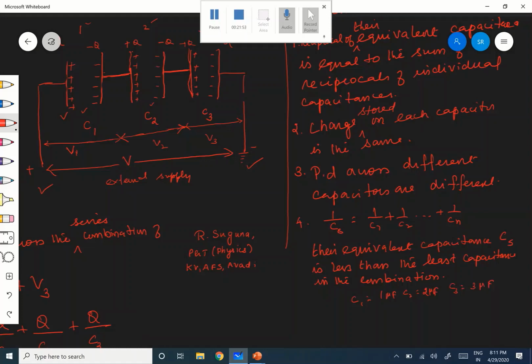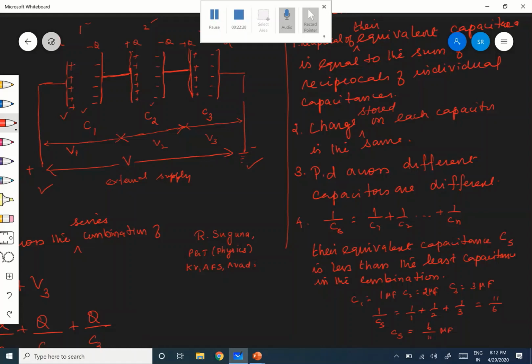Therefore, 1 by C is equal to 1 by 1 plus 1 by 2 plus 1 by 3. What is your CS? 1 by CS is equal to 11 by 6, na? Therefore, CS is 6 by 11 microfarad. It is the equivalent capacitance, right?